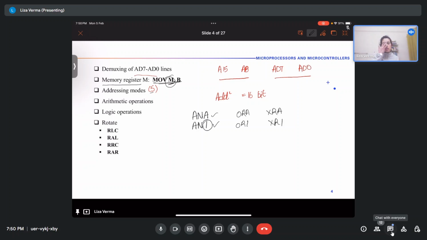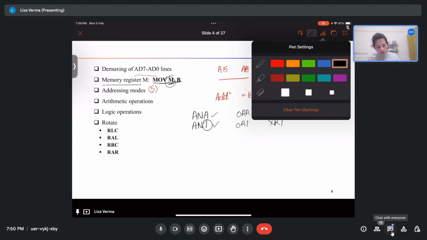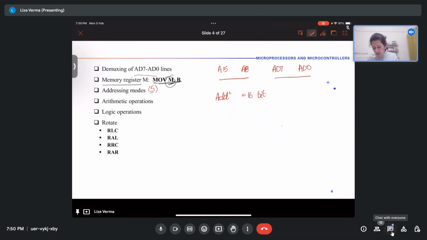These are the logic operations. Once you start programming, you will be more familiar with their usage. And these rotating instructions we have already discussed. Is everything clear on this slide? If anyone has some doubt, please ask now, or I'll move on to the next one.